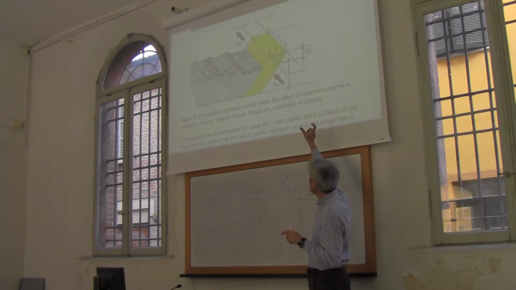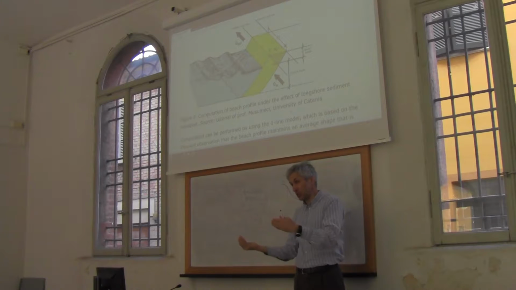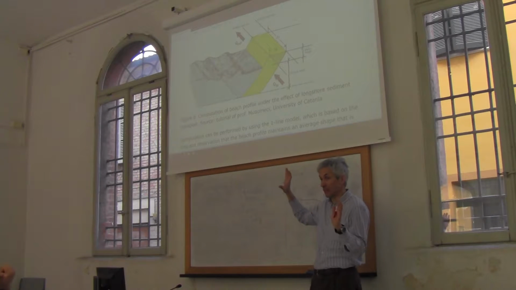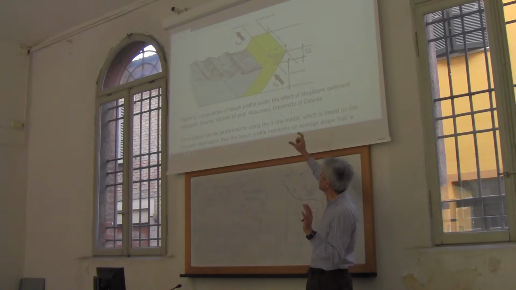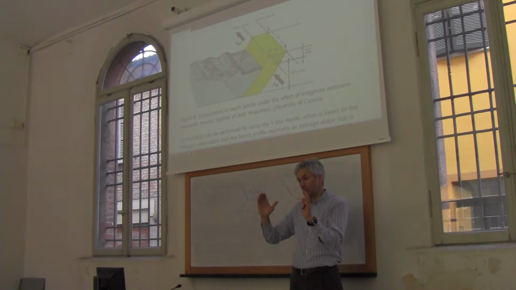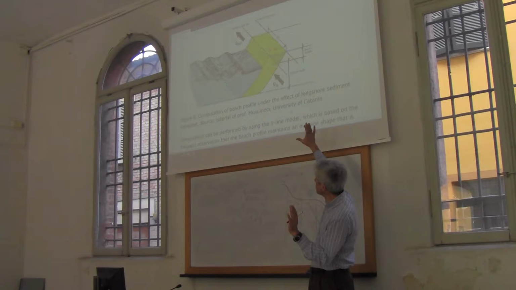And the yellow part is the difference in volume of sediment. It can be accretion, it can be erosion. And the volume of the yellow part is geometrically defined, with the only exception of delta epsilon. So you can compute delta epsilon, or delta c. This is xc, delta c. You can compute delta c by just knowing the difference between Q in and Q out.